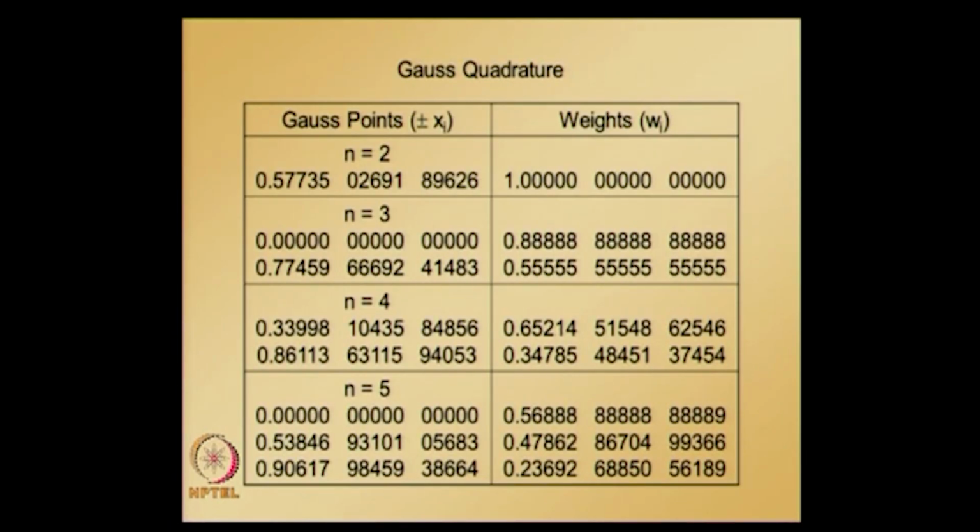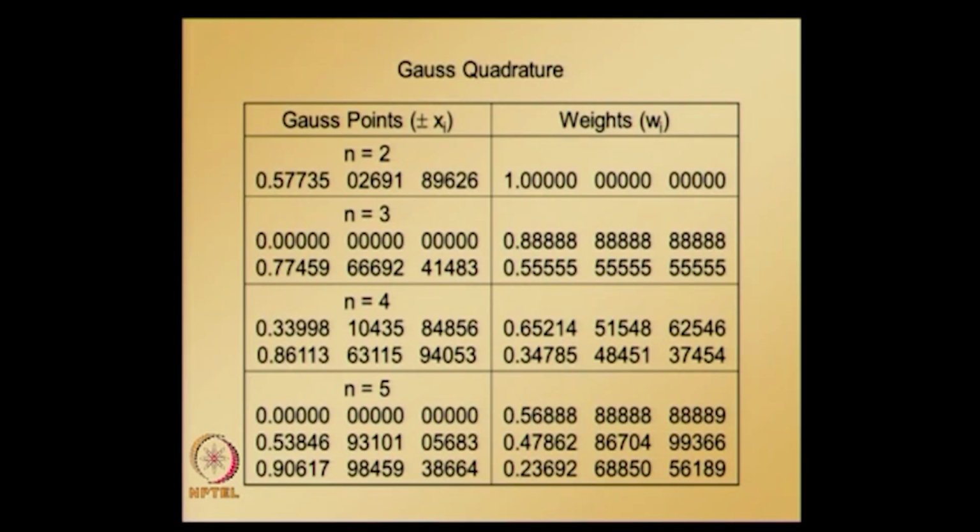And you can notice that for both locations and weights, a space is there between the numbers, which just gives us freedom, or it is up to the user to decide how many significant digits of accuracy are required. Depending on that, they can select the rest of the digits from the table.